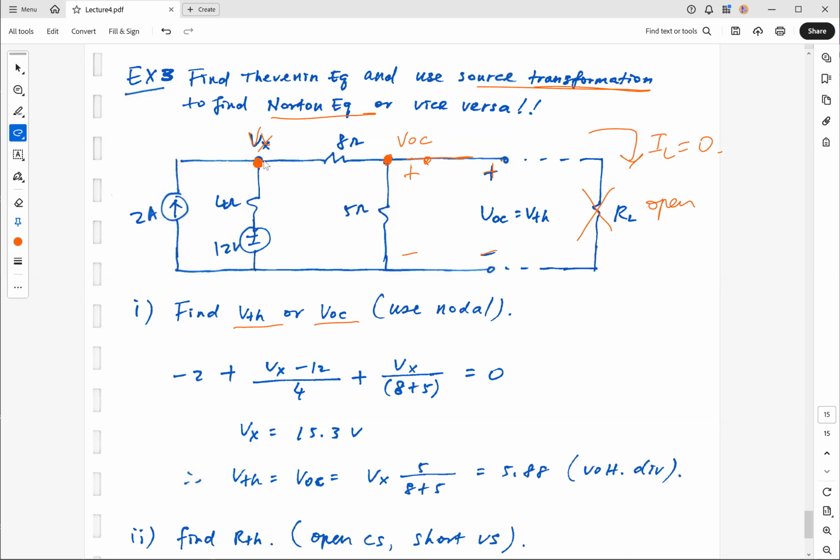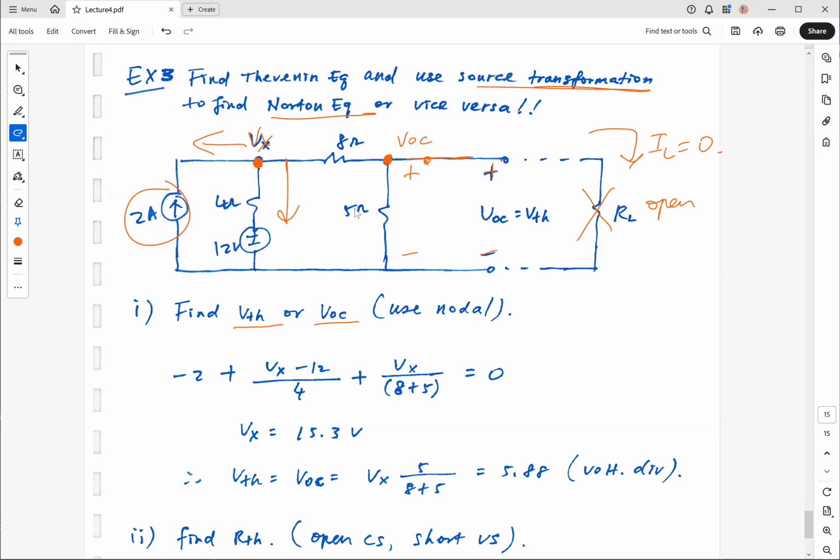Simple nodal analysis will do. So Vx minus 12 divided by 4, that's this current, plus negative 2. I flip the directional current, so I have to attach a negative sign: minus 2 going out of the node.